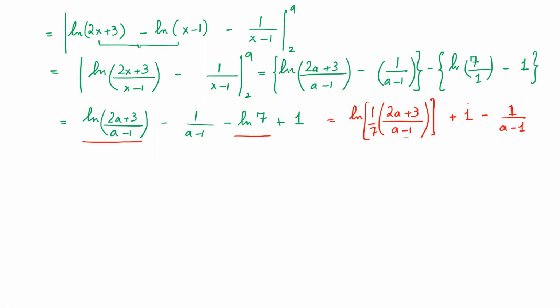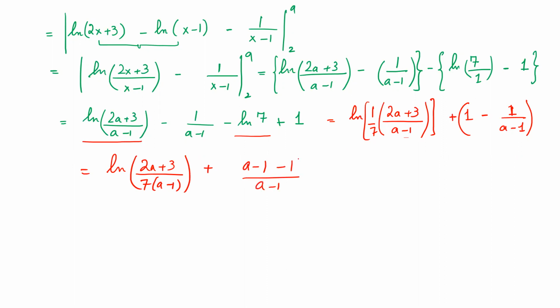Okay, so now add these two terms together. What we get is ln of (2a + 3) over 7(a − 1) plus (a − 1) over (a − 1), something like this.